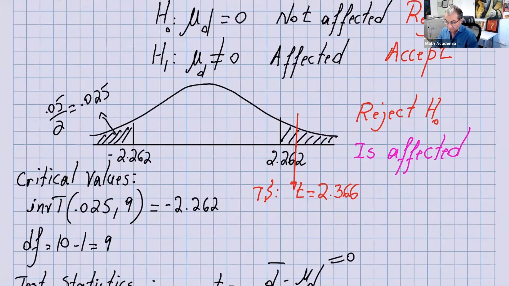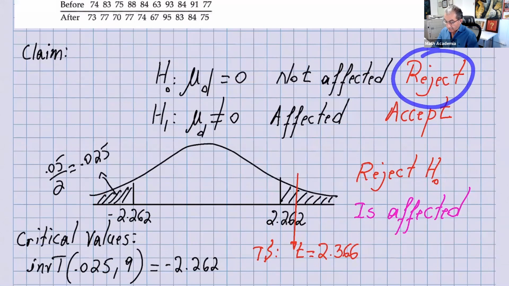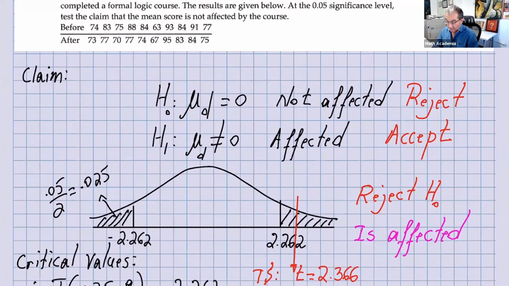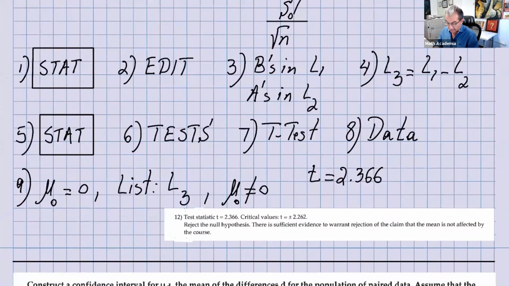Let's make the conclusion. 2.366 is beyond 2.262. So you say reject H0. Reject H0. That means you reject that and you accept that. So you accept the claim that says it's affected. So you can write is affected. Now you can read the solution.